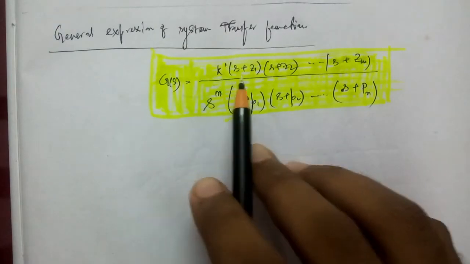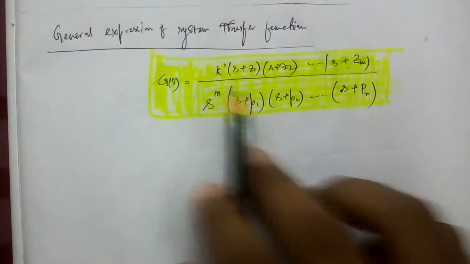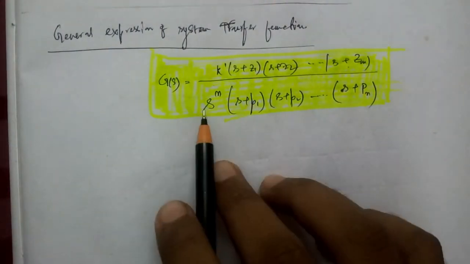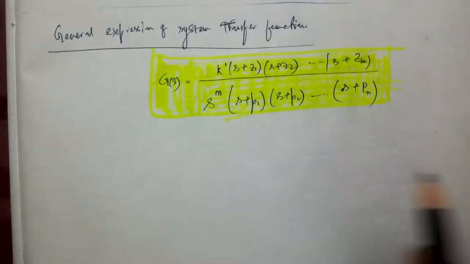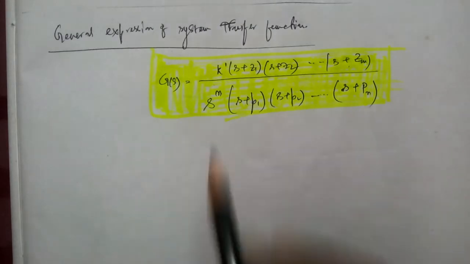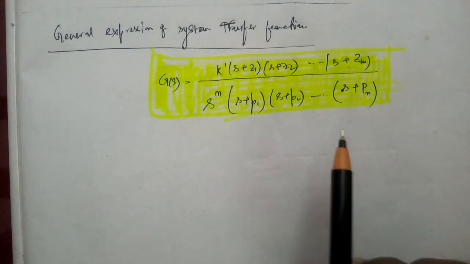So a constant term into (s plus z1)(s plus z2) up to (s plus zm), these are all open loop zeros, divided by s to the power N. Now s to the power N actually tells us the number of poles at the origin, meaning at 0. So obviously that will be denoted by s to the power N.